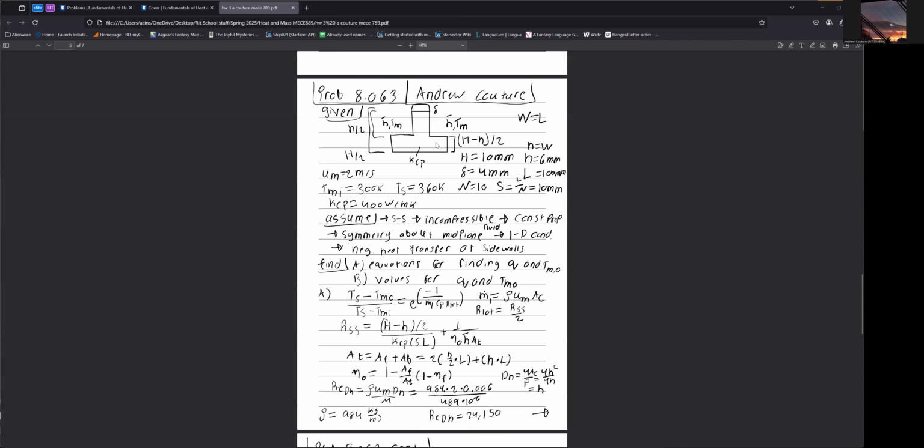The diagram in my solution shows a simplified version of that entire system. So rather than drawing the entire apparatus, you dissect it so that it's cut in halves. So you're mostly focusing on the part that's transferring heat back and forth.